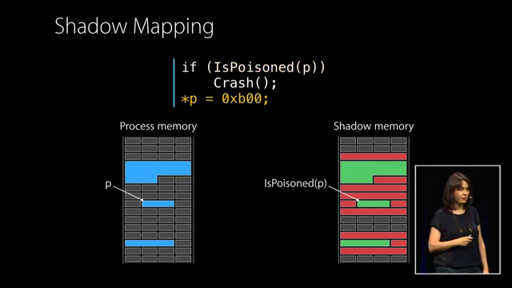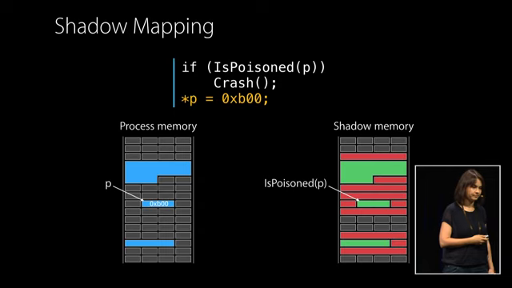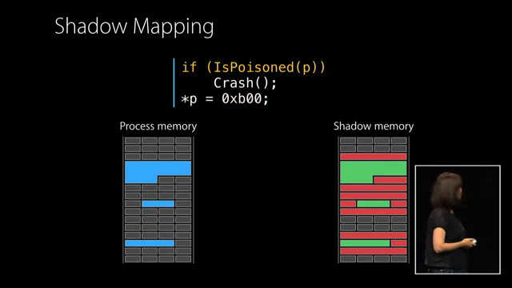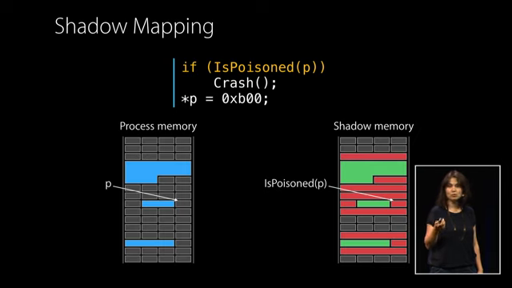In this case, the memory is valid, so the program is allowed to write to that memory location. However, if p does not point to valid memory, the condition will be true, and the program will trap right there where the invalid memory access was about to happen. This is how Address Sanitizer produces reports and reports this problem to the user.